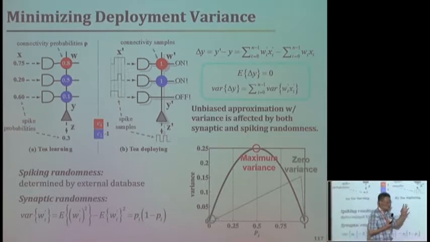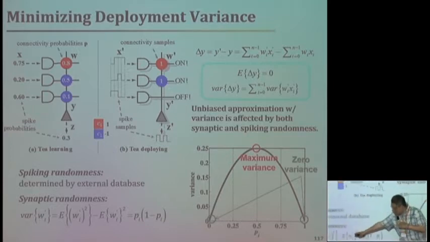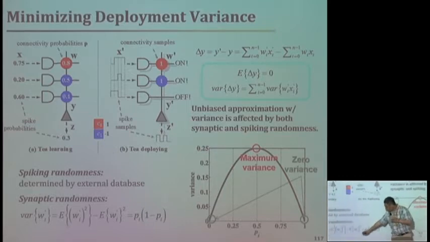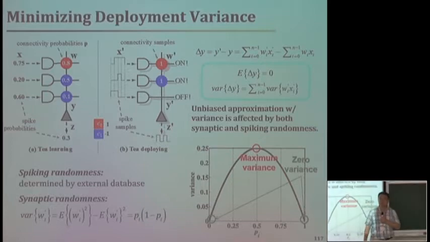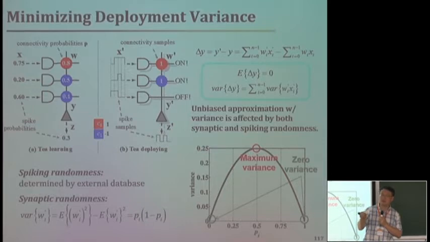And it turns out to be simple. So wi', if we normalize the weight, equals the probability of turning on the symmetrical weight equal to 1. Okay?